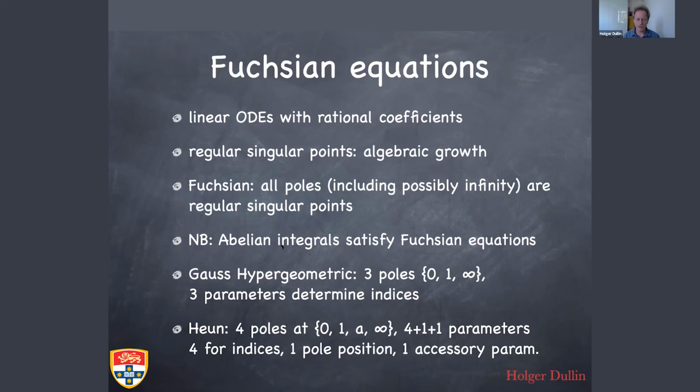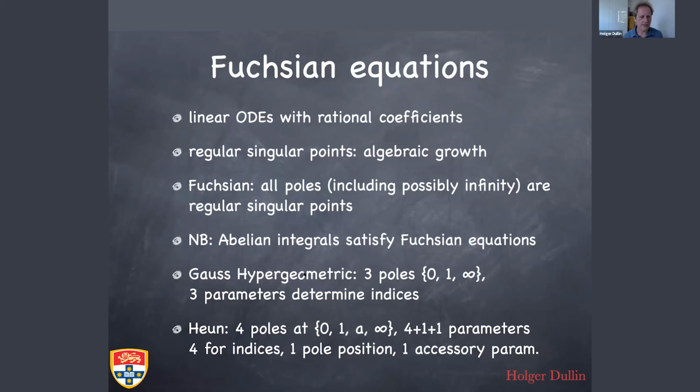The action variables for the Lagrange top or for most integrable systems are abelian integrals, and they satisfy Fuchsian equations. But in this context, this Fuchsian equation, the Heun equation, appears from the quantization, right? So I'm not looking at the Fuchsian equation that has the action variables of the top as a solution, which one could do, but that's not the equation we're talking about.